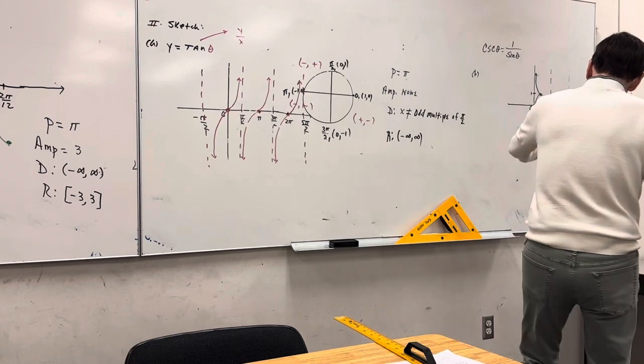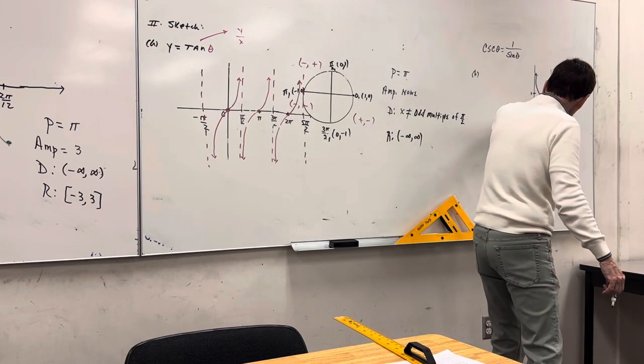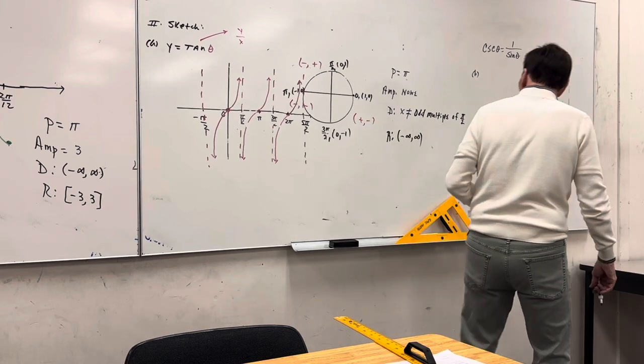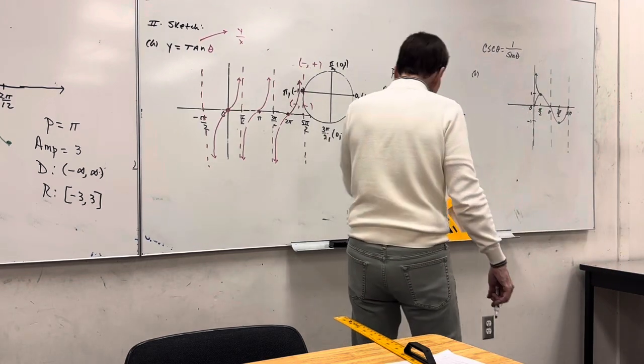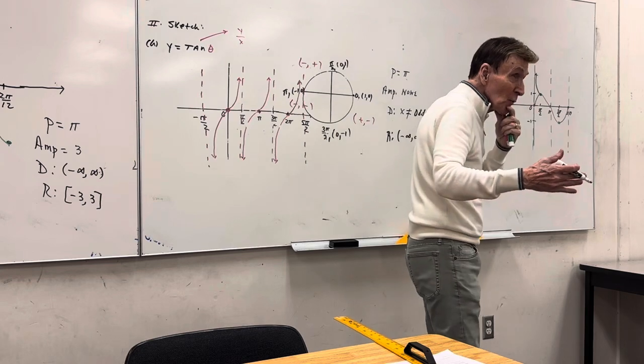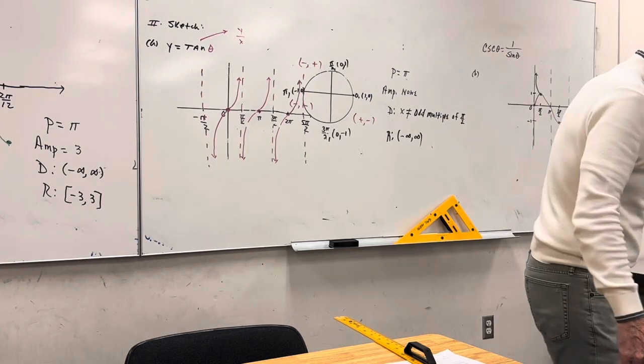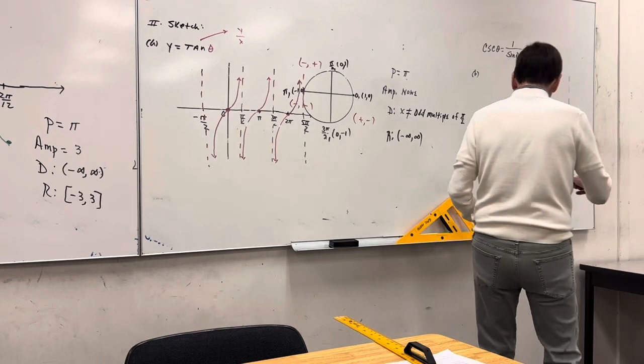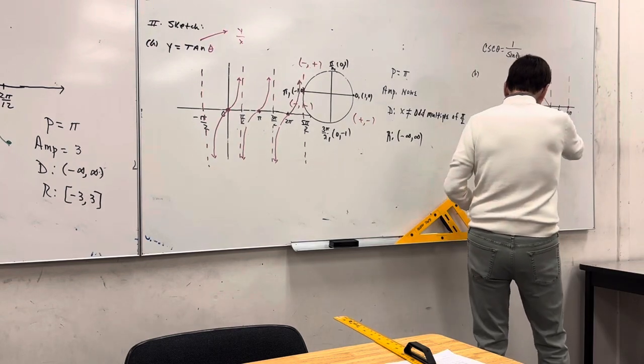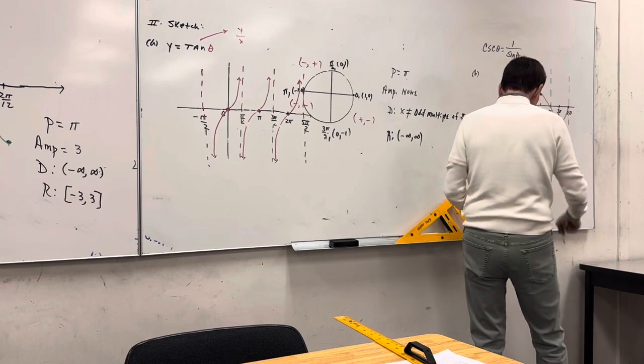My next interval, Matthew, this is quadrant 2. Please tell the class, if you go back to my unit circle and we do cosecant 1 over y, what is it in quadrant 2? Negative? It's negative, I'm down below.